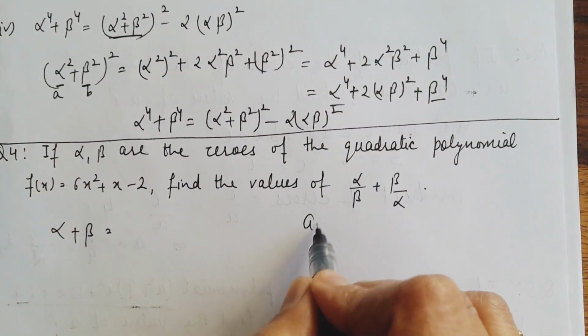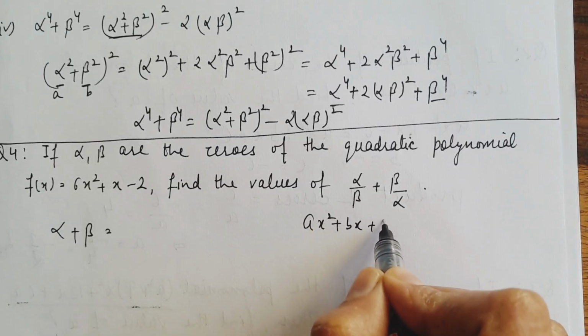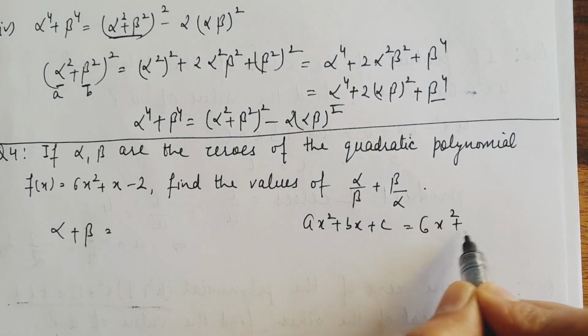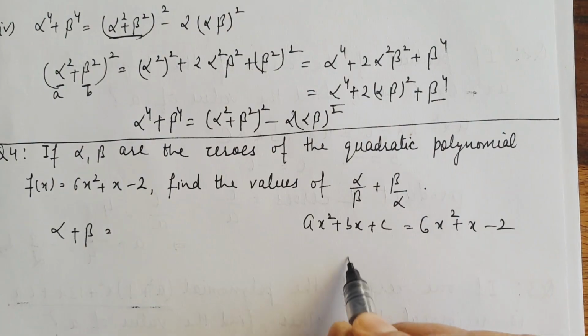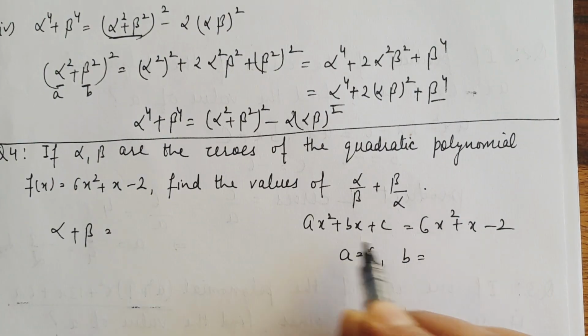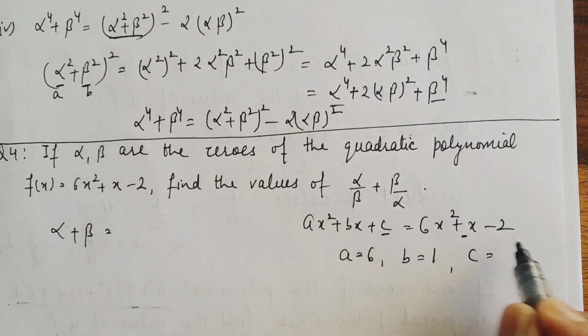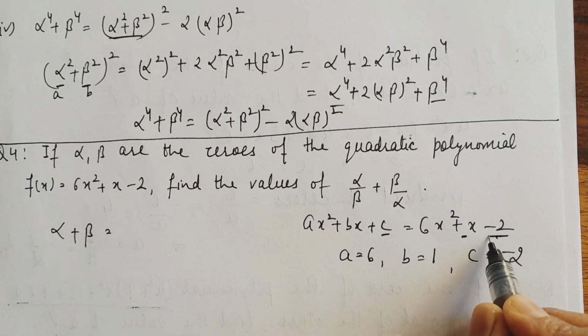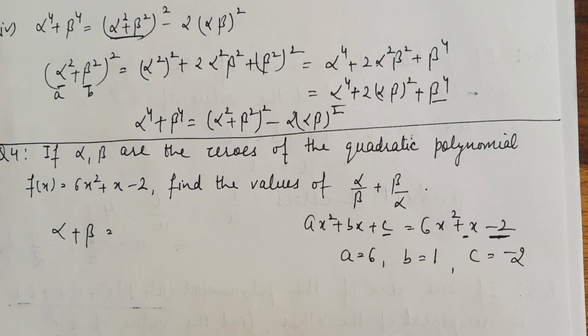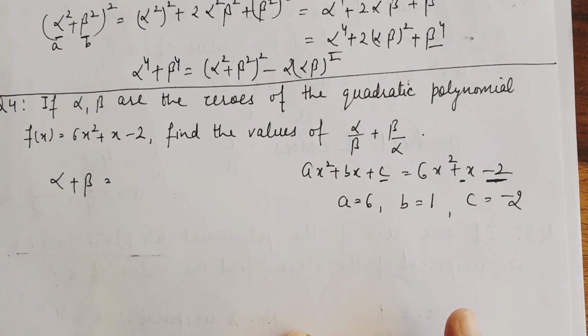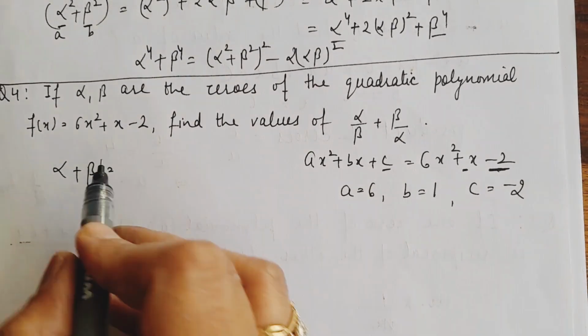First we will compare the given polynomial with the general polynomial. So you will get the value of a is 6, value of b is 1 because no coefficient is given, and value of c is minus 2. Always keep in mind that the sign must always be taken with the coefficient, with the number. So now put the values.